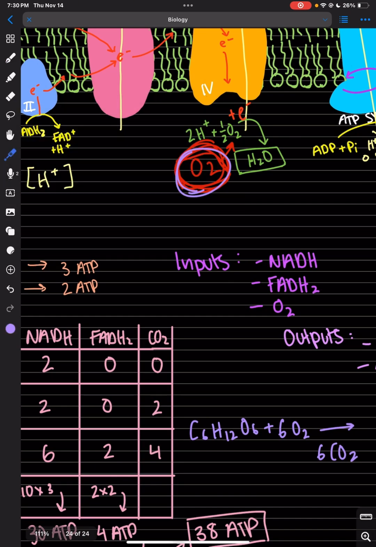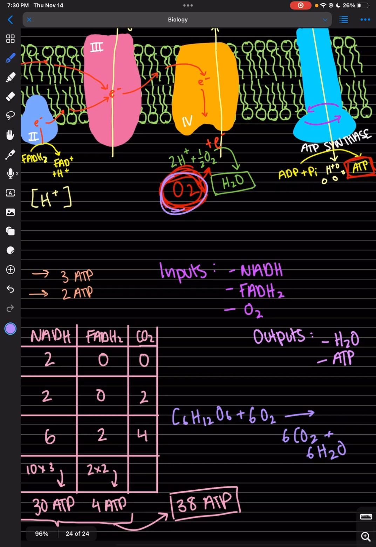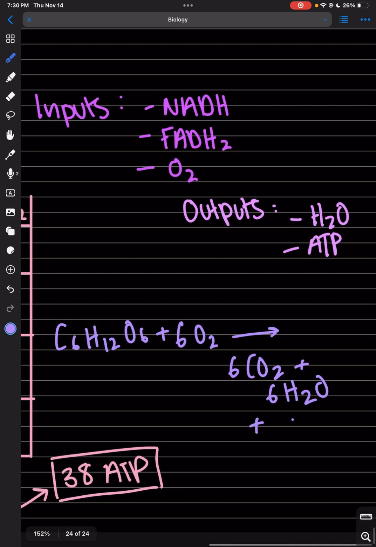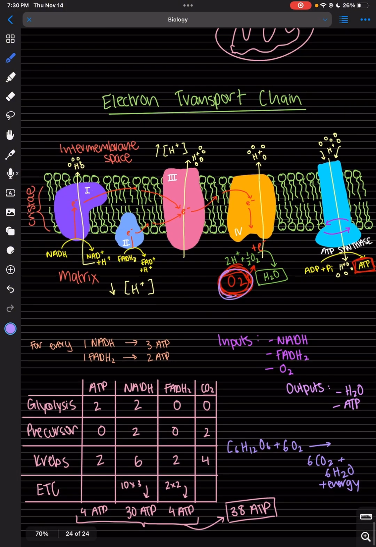Because we have 6 carbon dioxide right here, plus 6 H2O, which was up here, plus 38, or approximately 38 ATP. If it was an equation, you wouldn't write plus 38 ATP. You would just write plus energy. And that's your equation for cellular respiration.